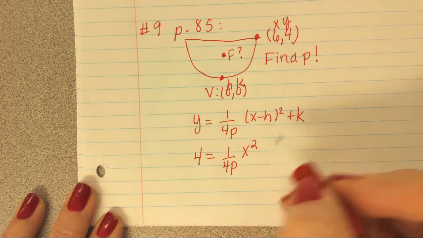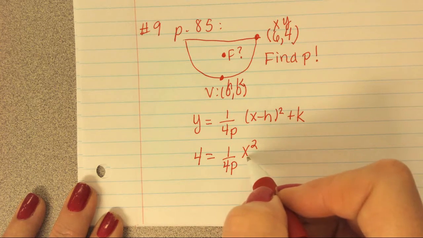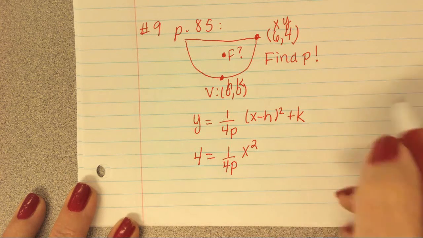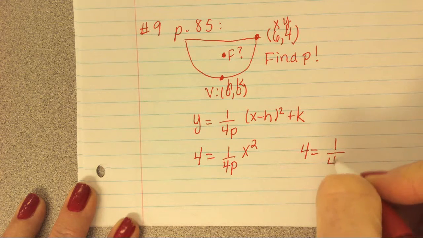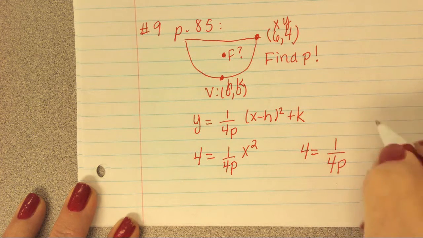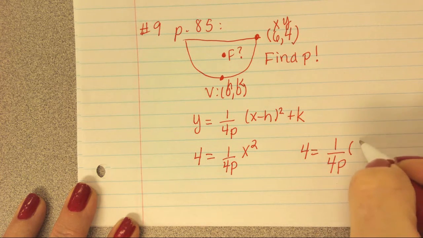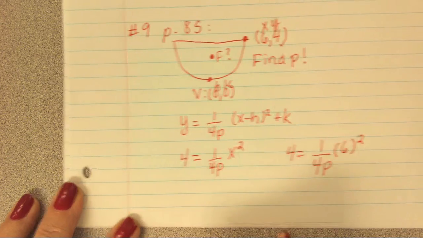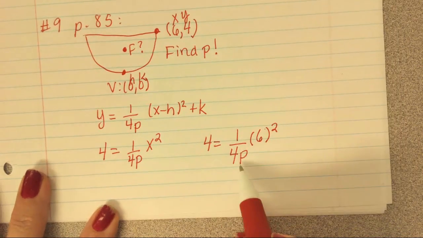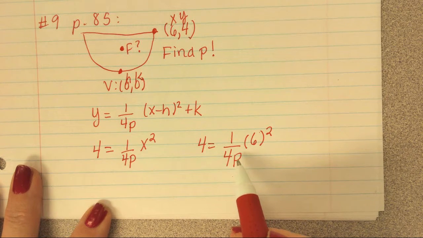Oops, I forgot to plug in x. Do I know x? I do, don't I? So now I'm going to have 4 equals 1 over 4p, and then I do know that x is 6, and I have to square it. So if I can solve this equation, I can figure out what p is.